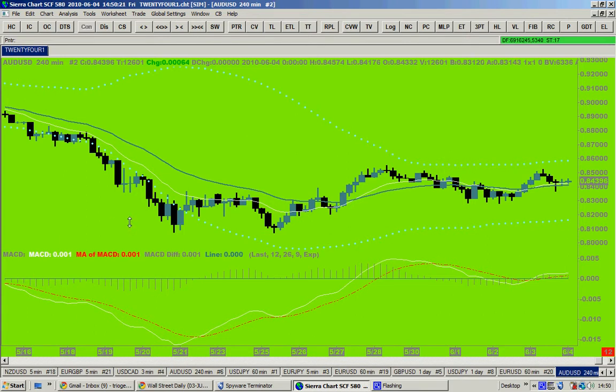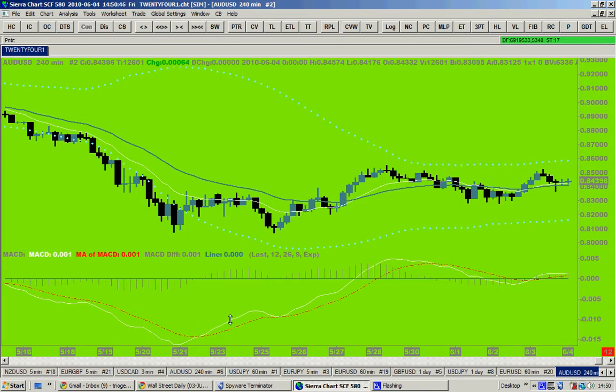So when the MACD is moving away from the zero line to the downside, we know that the bearish pressure is getting strong.